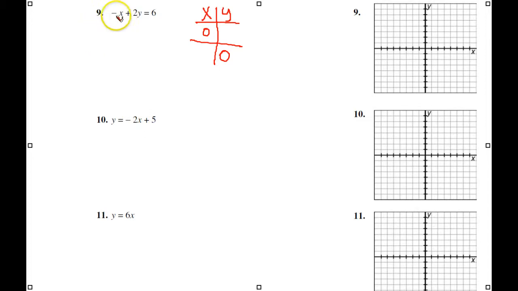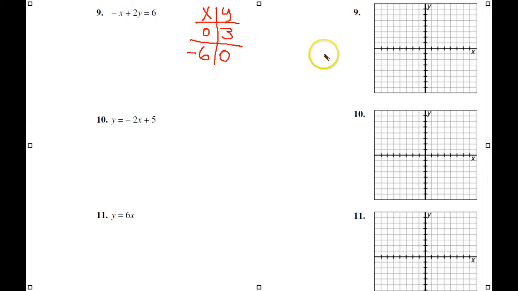Okay, this is in standard form, so we're going to plot the X and Y intercept. So if this is 0, X is 0, this is going to be 3. And if this is 0, a negative X is 6, so a positive X is a -6.